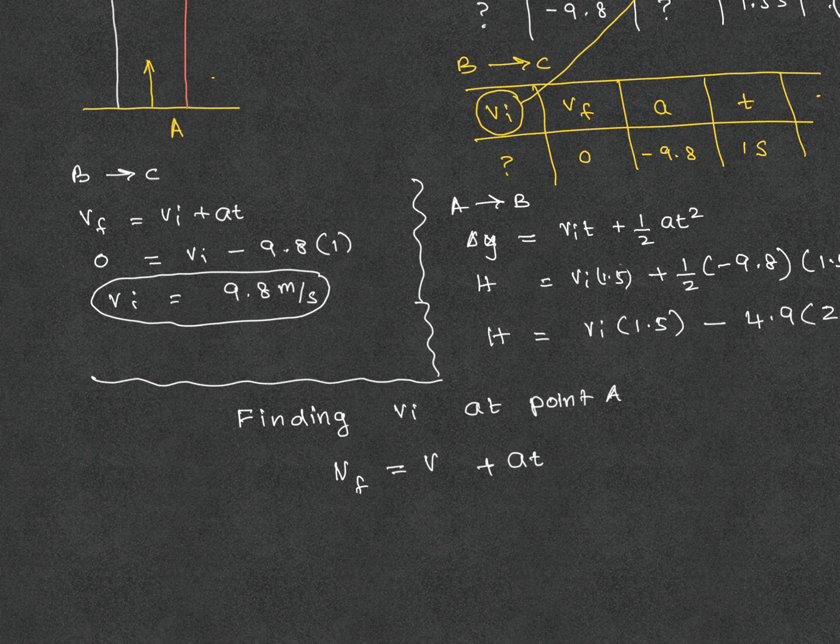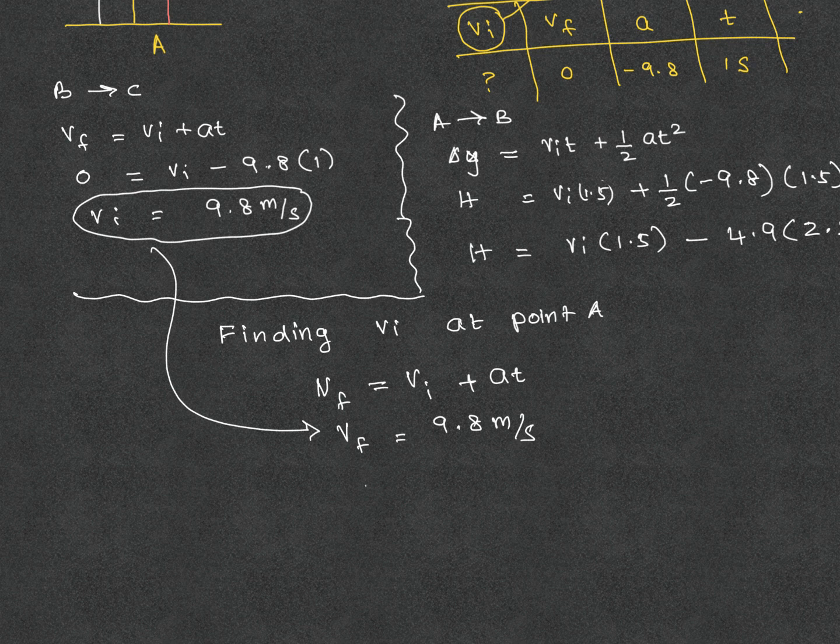V final equals 9.8, coming from the previous part, and 9.8 equals V_i minus 9.8 times 1.5.